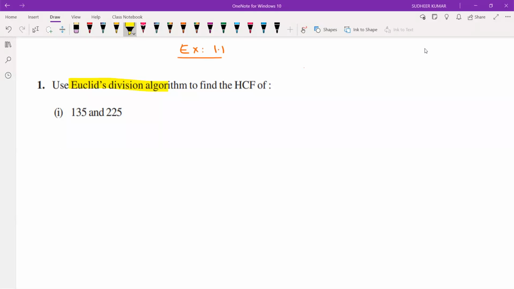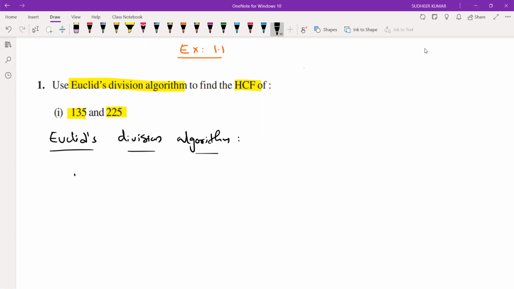Use Euclid's division algorithm to find the HCF of these two numbers. As we know, the dividend is greater than the divisor. First let us recall Euclid's division algorithm: a equal to bq plus r, where a and b are positive integers.